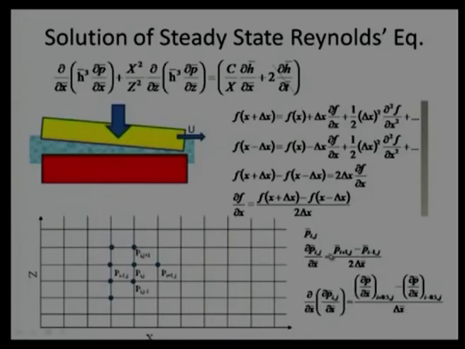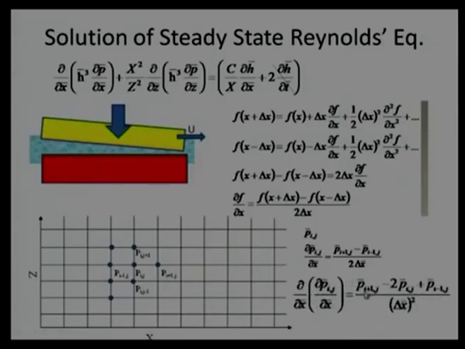After substituting the value we have achieved over here, we can rearrange and get this expression: p I plus 1 j minus 2 p I j plus p I minus 1 j divided by del x square.